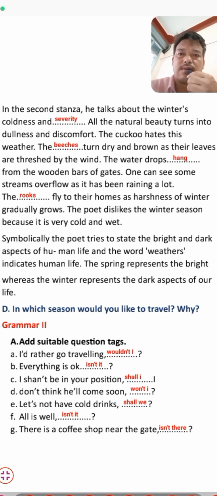Now, in the second stanza, he talks about winter's coldness and severity, and the natural beauty. Here the word severity is the right word. And the cuckoo hates this weather. The beaches, here the beaches turn dry and brown as their leaves are threshed by the wind. So here again the poet is talking about a kind of tree, beaches.